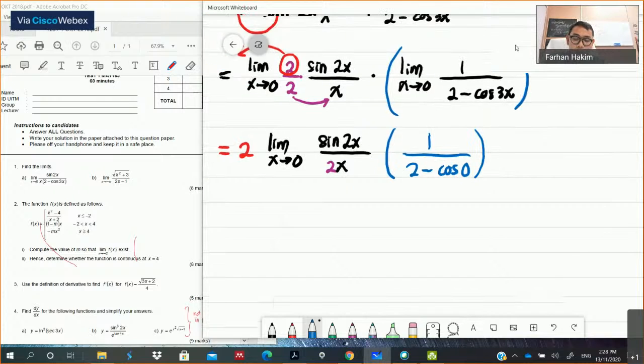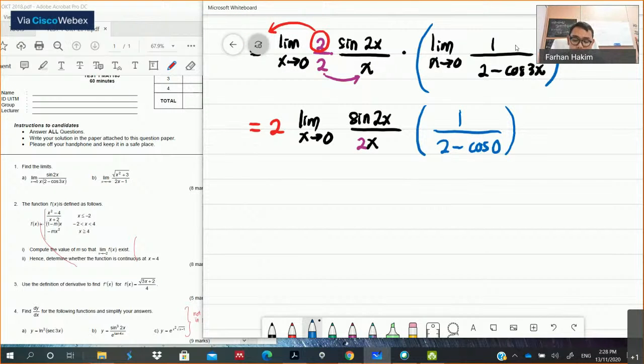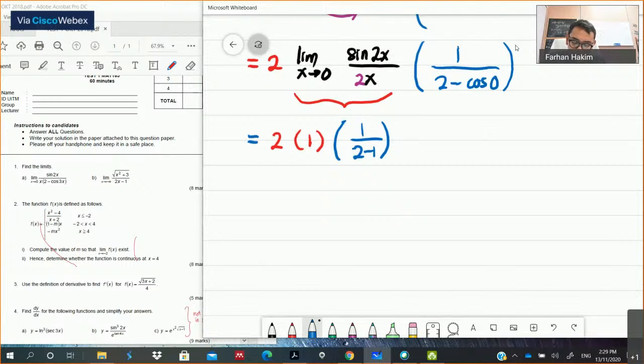We know that cos of 0 is 1, so 2 minus 1 is 1. This part will be 1 by the squeezing theorem. So this is 2 multiplied by 1 multiplied by 1 over 1. So our final answer is 2.